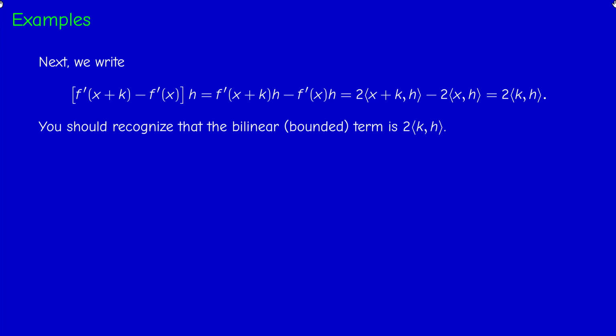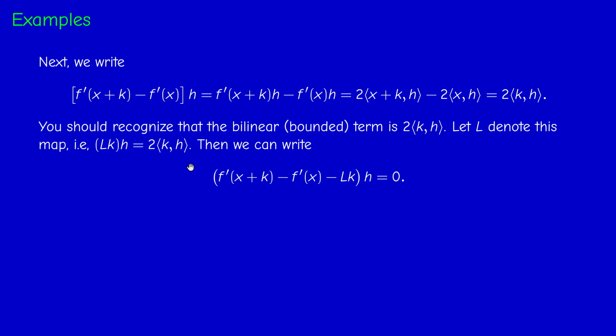Okay, so we can write this in two ways at least. If we want to go exactly to the definition, we let capital L denote the map from E into the space of linear bounded maps from E into R. So actually L of k evaluated at h is just this. Okay, so it's a function of two variables actually. And therefore, I have f prime of x plus k minus f prime of x minus L of k, everything evaluated at h, is 0.